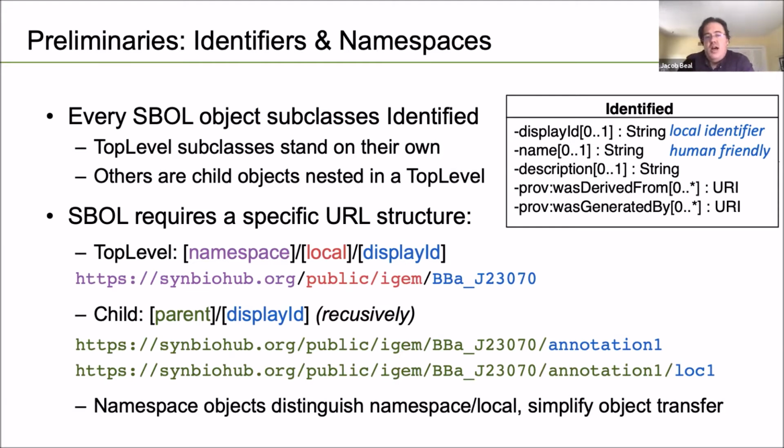SBOL 2 was pretty loose about what you could do with your URIs. Your URLs could be pretty much anything you wanted. SBOL 3 is a bit more specific about, if you're using URLs, how to structure them. And it structures them basically using the sort of file tree-like structure that you see in typical URLs.